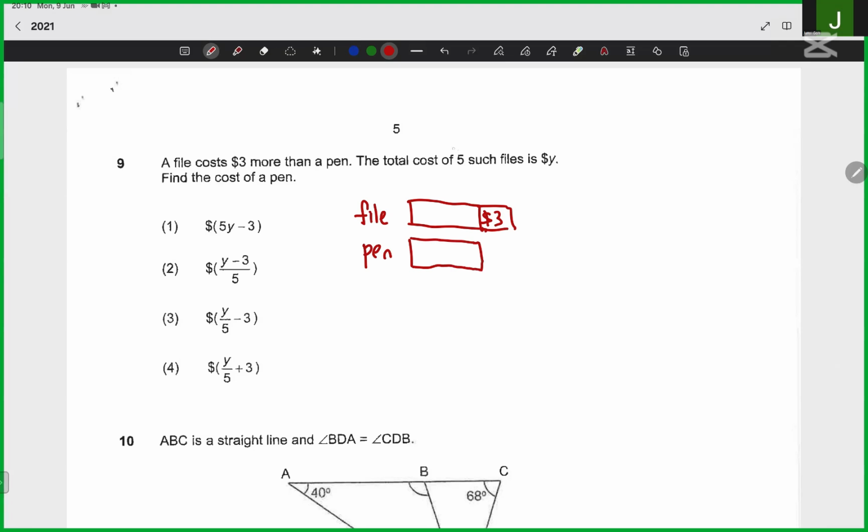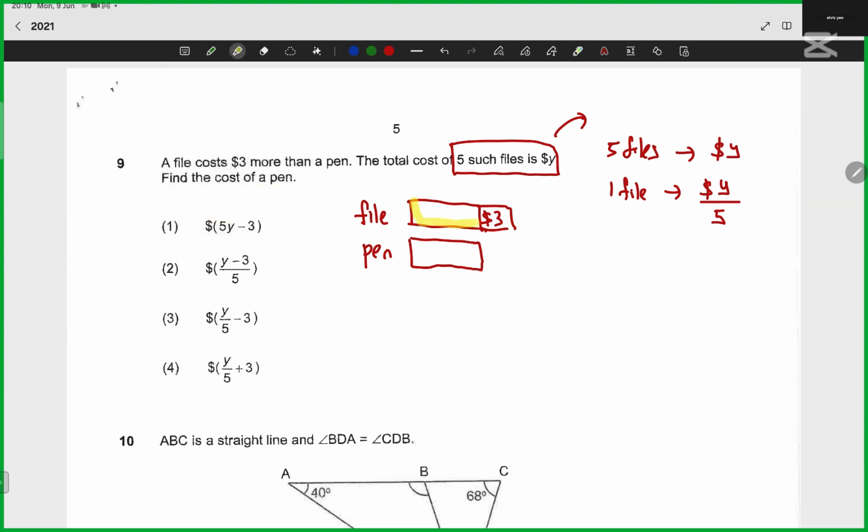The cost of 5 such files is $Y. So 5 files is Y dollars, so 1 file would be Y divided by 5. So that means this amount is Y divided by 5. But to find the cost of the pen, we need to minus off the $3. So Y over 5 minus 3, option number 3.